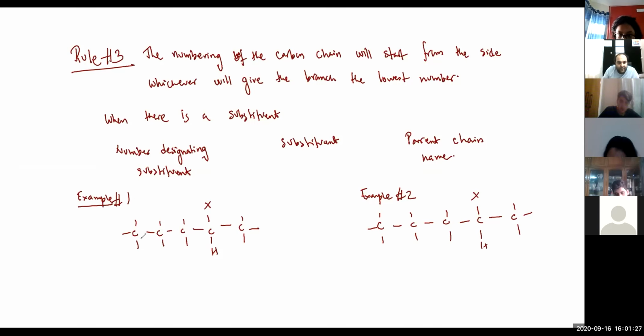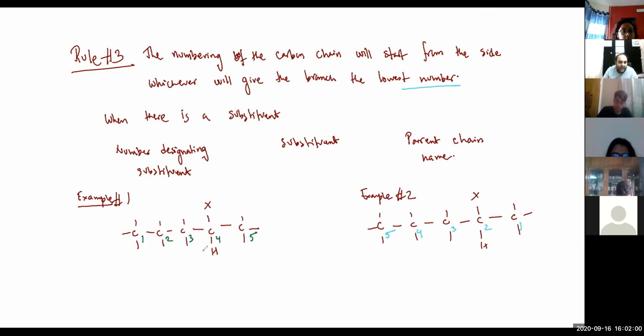So if I start numbering from here it's 1 2 3 4 5, and if I start numbering from the right hand side it's 1 2 3 4 5. So according to the rule, the numbering of the carbon chain will start from the side whichever will give the branch the lowest number.